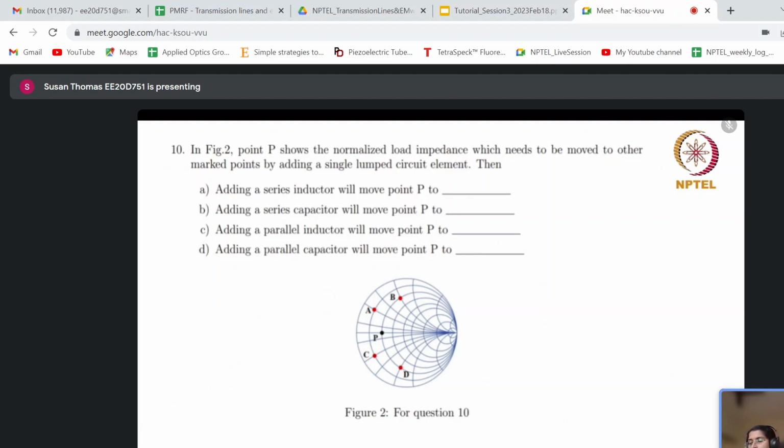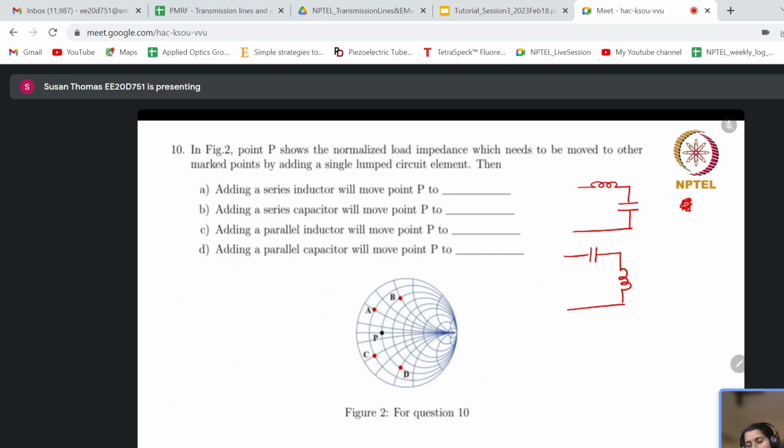But to start with, we need to always remember it could be either LC like this, or it could be C and then L like this.